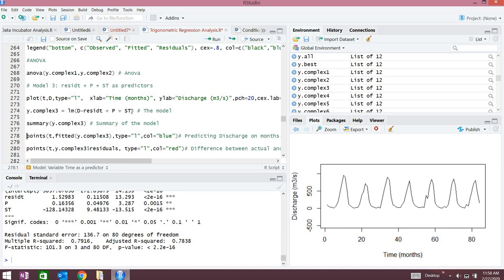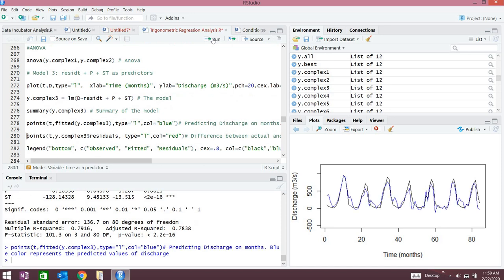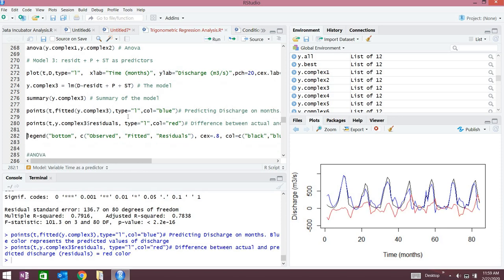Residual plus precipitation plus soil temperature is 0.78. Residual is about 20, and residual plus precipitation is about 29. Now you plot the fitted for complex model 3. This is getting closer, right? Then we plot the residuals using this code, and then we plot the legend.